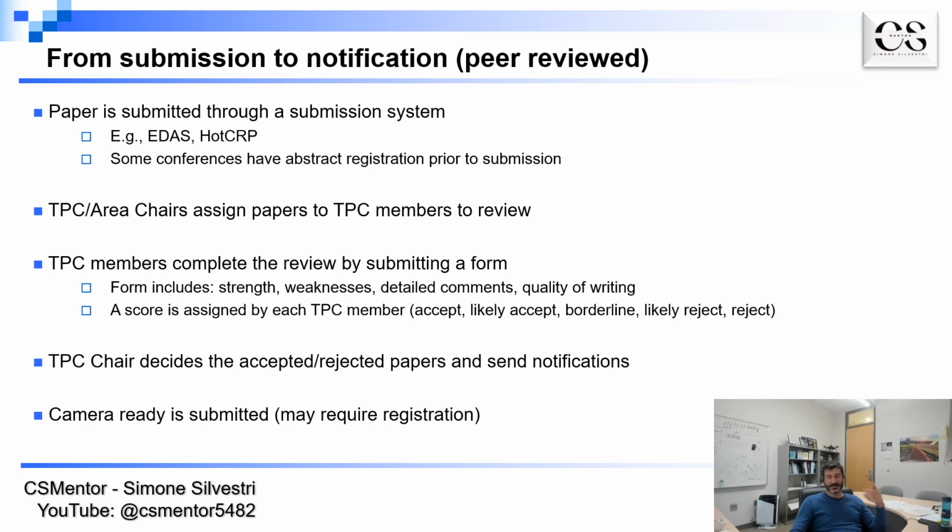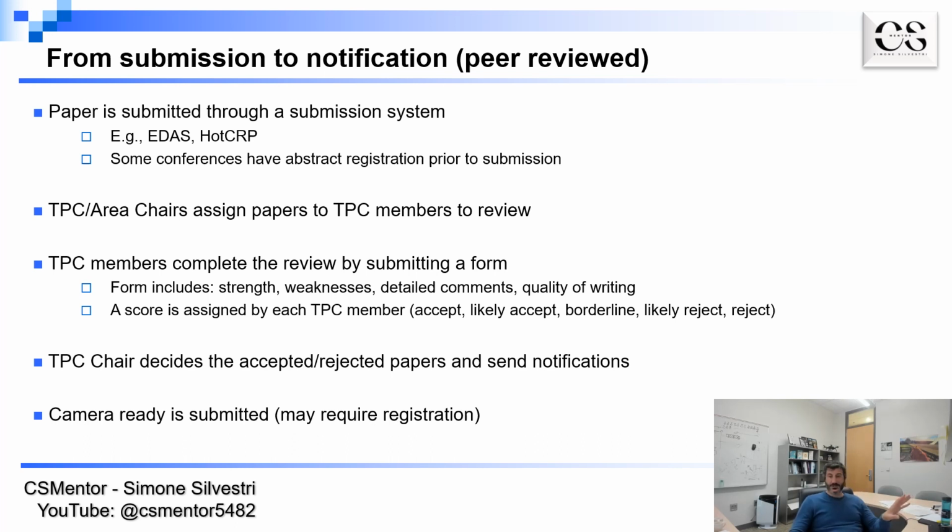And generally, you need to submit the list of authors, the title, and the abstract, and the list of topics, so that the TPC chairs can actually organize the review process, having an idea of how many people are going to submit, what is going to be the distribution of papers in different areas, do they need to invite more TPC members, etc. So definitely check the conference website to see if your conference requires a registration before the actual submission of the paper.